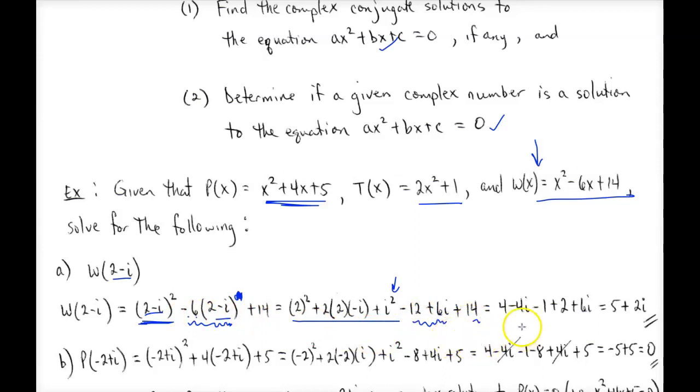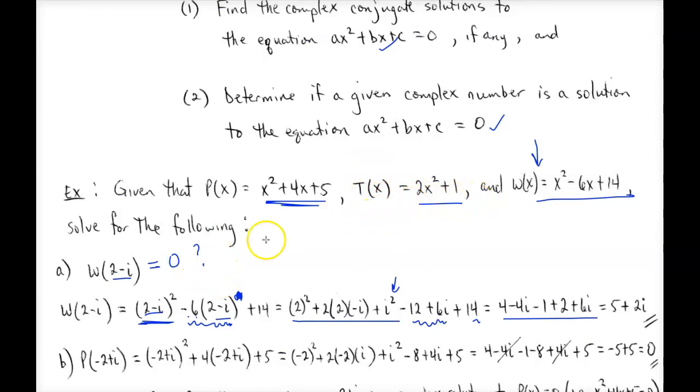Now, after we simplify everything, you see that we get 4 minus 4i minus 1 plus 2 plus 6i. And when we combine like terms, we get 5 plus 2i. So we're doing all that work to basically say, all right, well, here, did this equal 0? And of course it didn't.